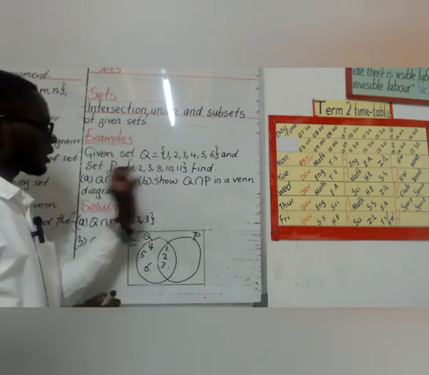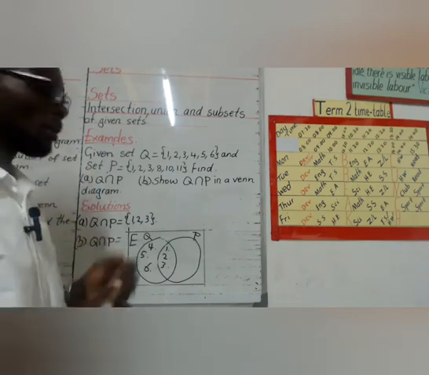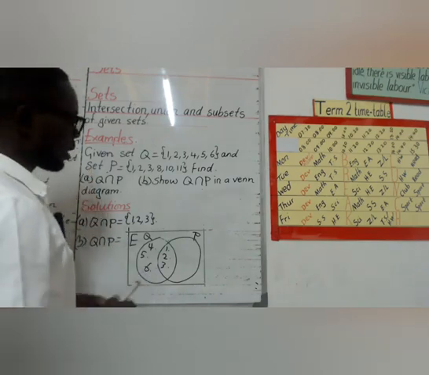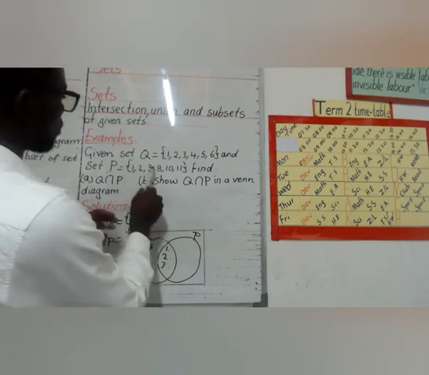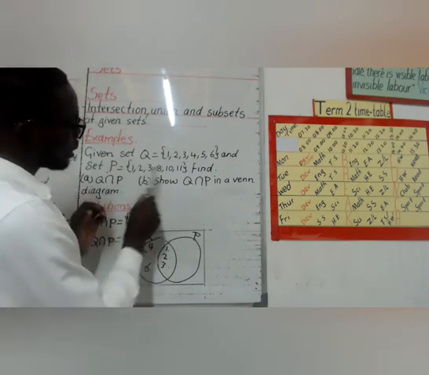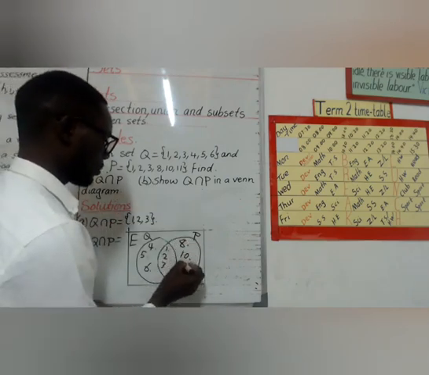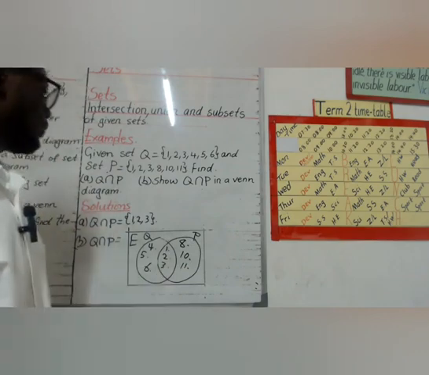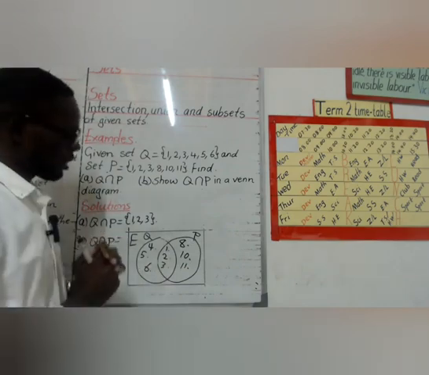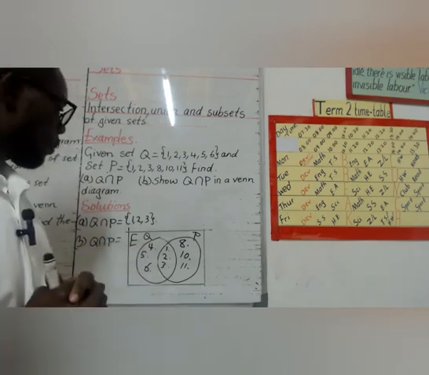We go to set P. What are the members of set P which are not here? 1, 2, 3 are already here. 8, 10, 11. 8, 10, 11 are the members of set P. So, wow, what does this tell us?